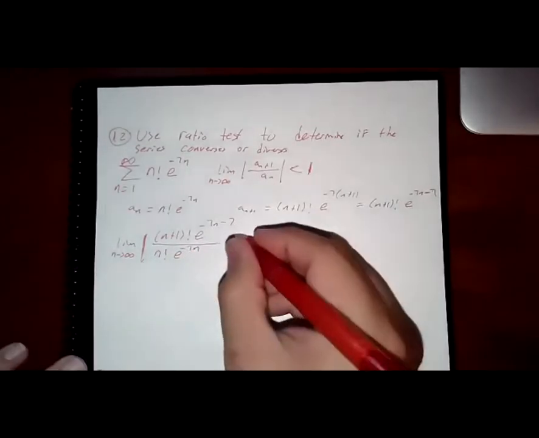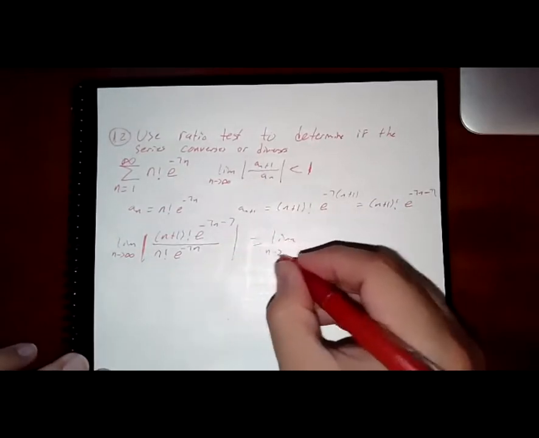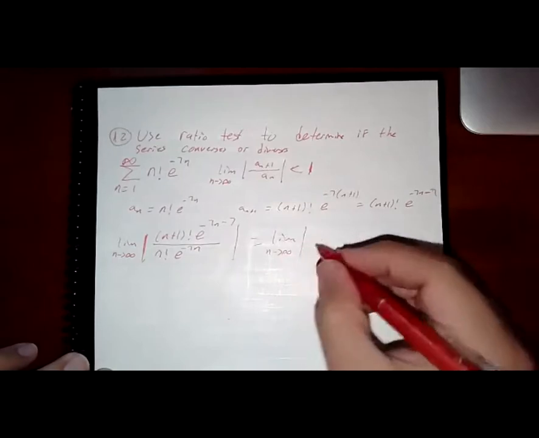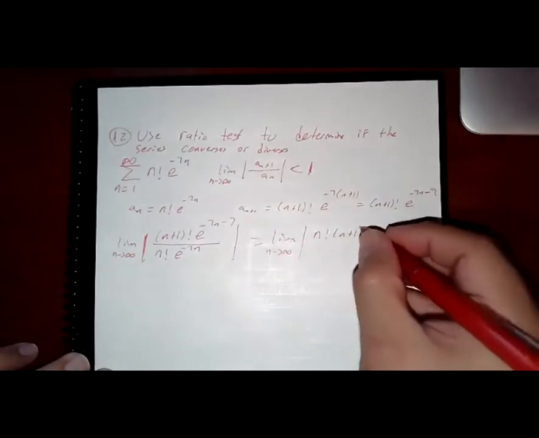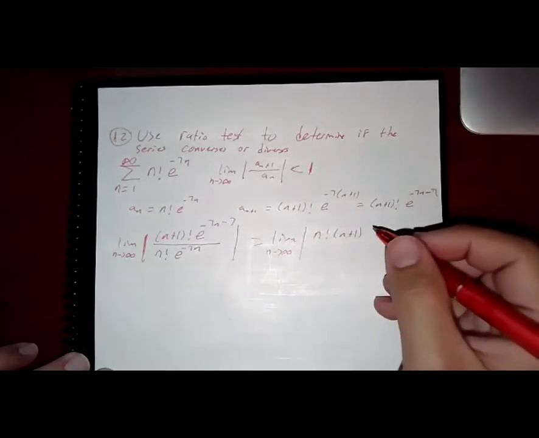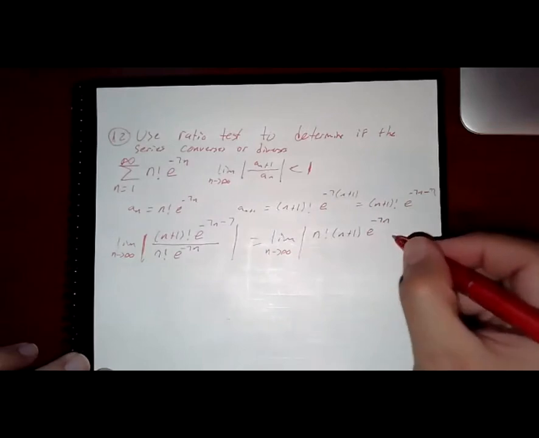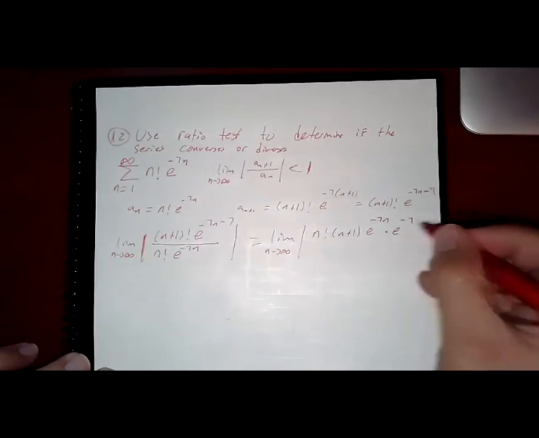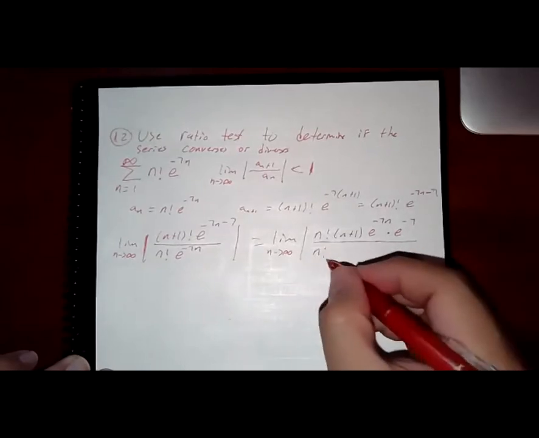So let's go ahead and expand it so we can see what cancels, right? This would be n factorial times n plus 1. This would be e to the negative 7n times e to the negative 7. Factorial, not going to change the bottom.